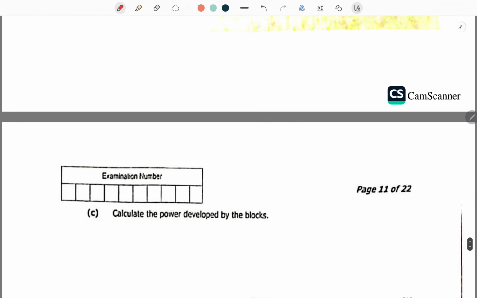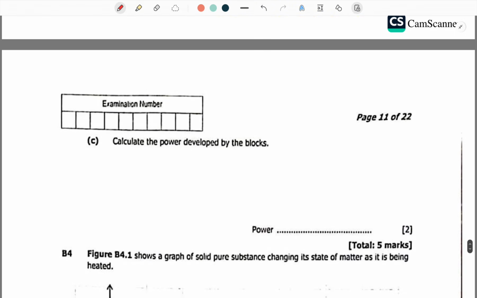Calculate the power developed by the blocks. We've been finding power. Power is equal to work done over your time. We've already calculated our work done, which was 120,000. So it's going to be 120,000 over the time.